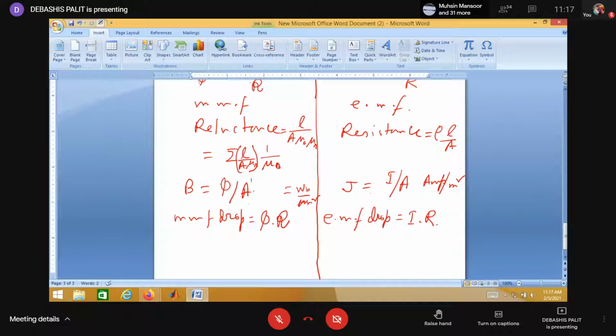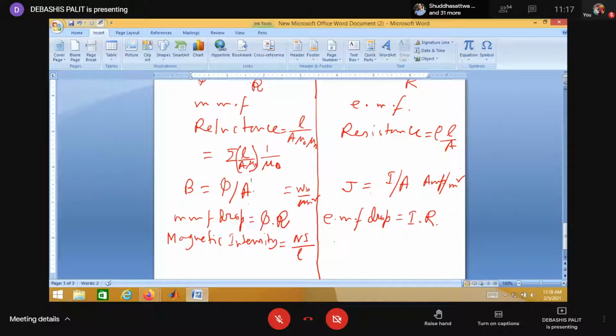So actually, magnetic intensity. You know the MMF, magnetomotive force, is Ni, but magnetic intensity you can define as Ni by L. That is equal to Ni by L, that is ampere turn per unit length.